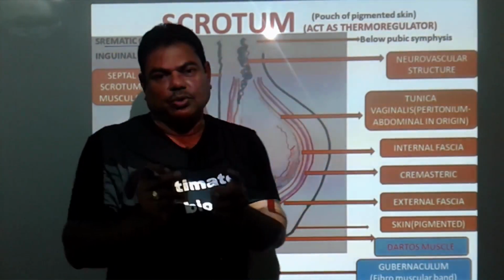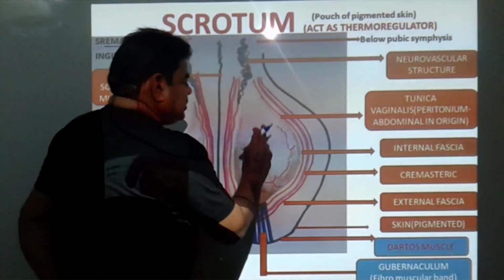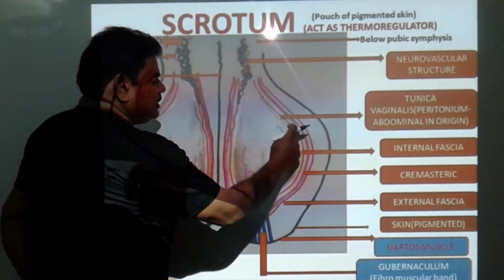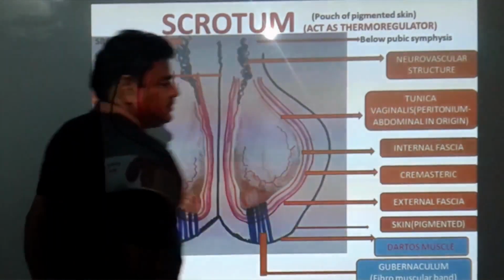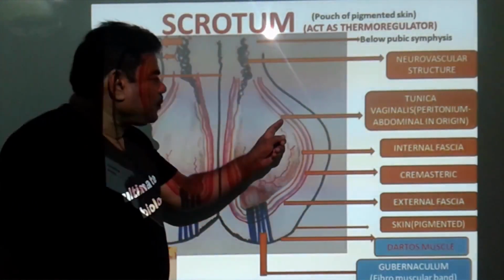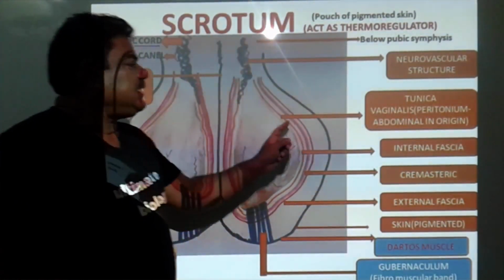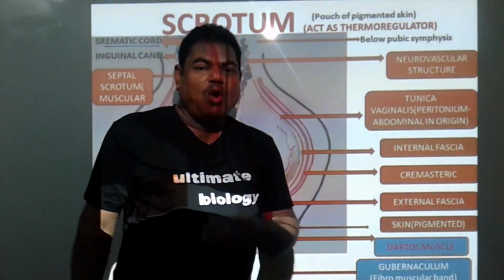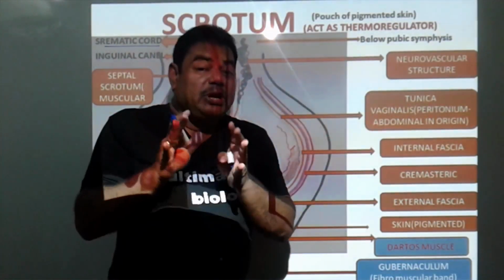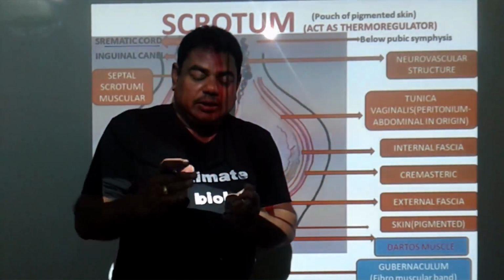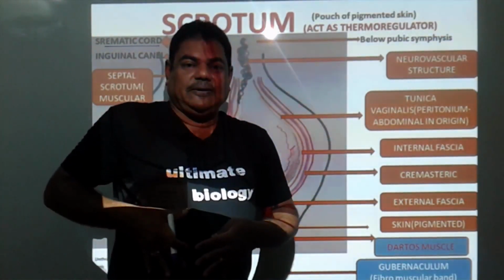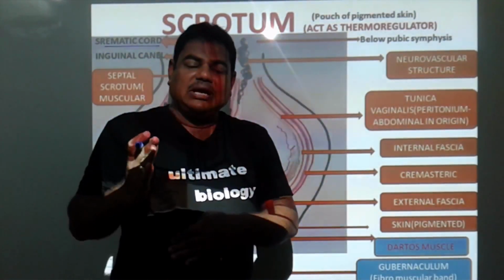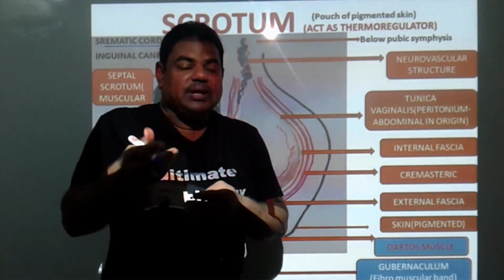So the testes are covered with this protective coat, known as the tunica vaginalis. And this protective coat is made up of peritoneum. The peritoneum wall is otherwise present only in the abdominal cavity. The inner wall of the abdominal cavity we call the peritoneum.